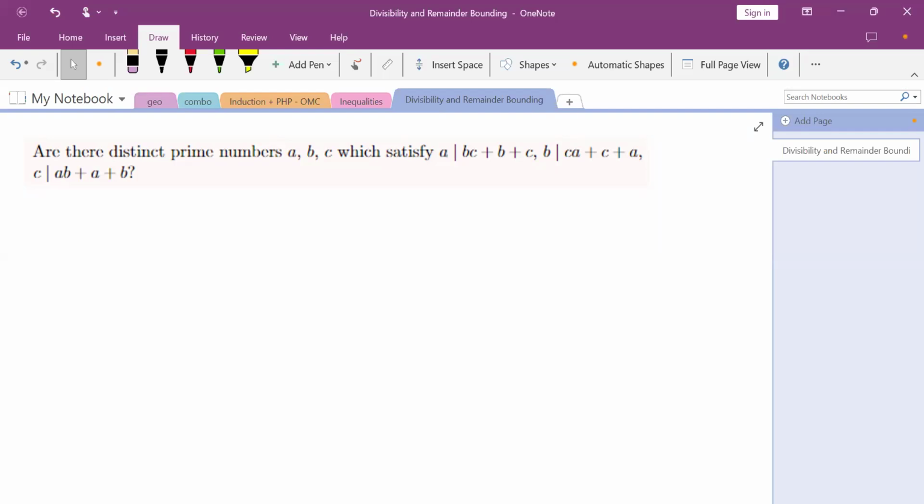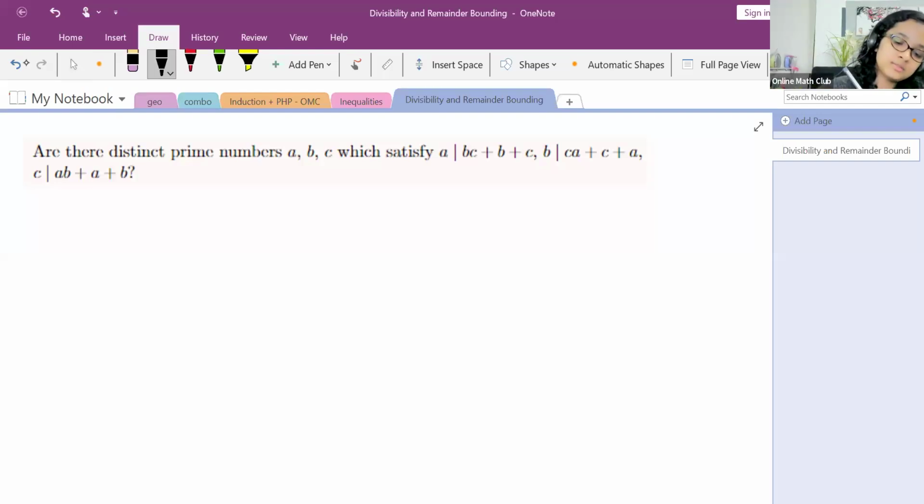I mean, in these type of questions, what we can generally do is multiply all of them. Okay, directly multiply or in some other way? How exactly are you multiplying? Are you doing ABC divides BC plus B plus C, CA plus C plus A, AB plus A plus B? I'm doing ABC divides BC plus B plus C multiplied by CA plus C plus A multiplied by AB plus A plus B, and open them up and then try to continue.